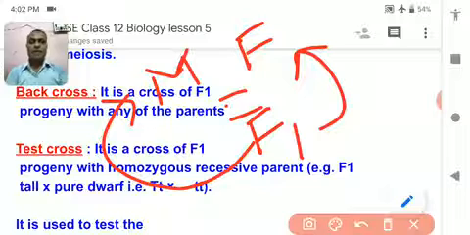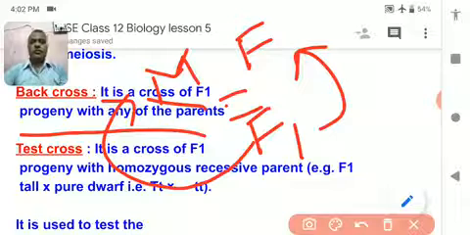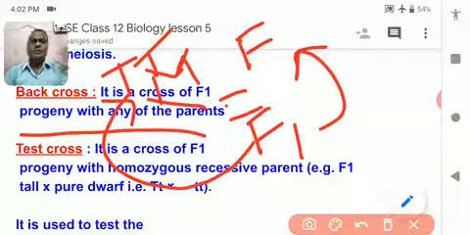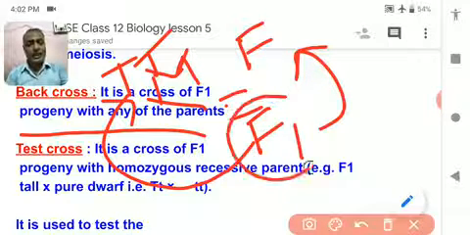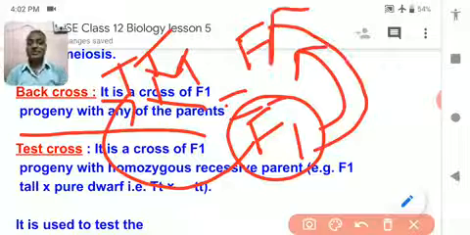It is a cross of the F1 progeny with either the dominant parent or the recessive parent. Suppose capital T is dominant, so the mother is dominant and the father is recessive. So crossing of the progeny with their parent is called a back cross.